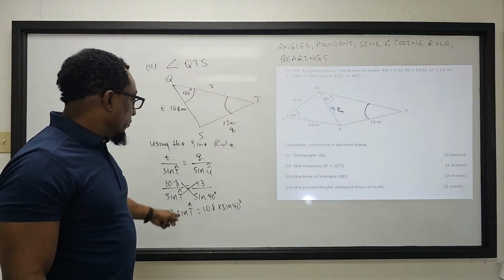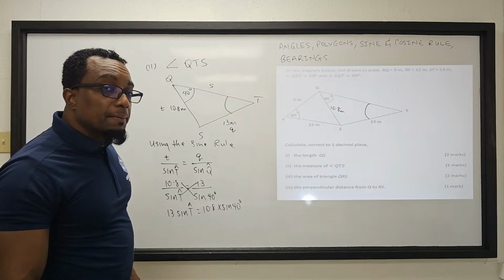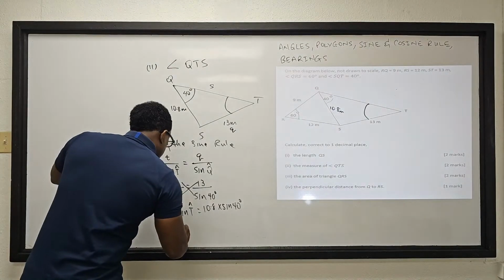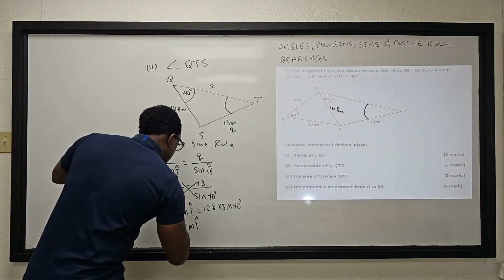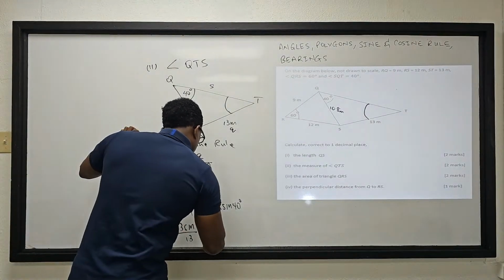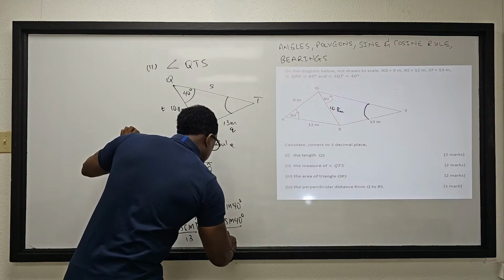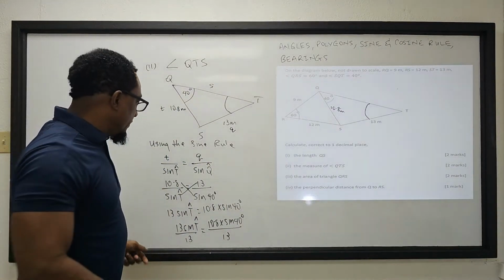And we have to get sine T by itself, so let's remove the 13. Let's divide both sides by 13. So that's 13 sine the angle at T divided by 13, equals 10.8 multiplied by sine 40 over 13, dividing both sides by 13.